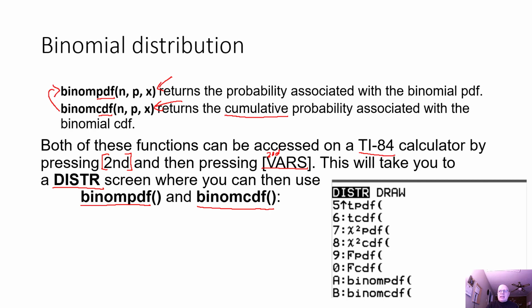Now the trick to getting there too is once you get to this distribution function, if you hit the up arrow key, you can get to the bottom of this list. You can see right here, this list only shows from 5 upward. What you want is down at the bottom, and there are a whole lot more than this, but you want to get to this point. The easiest way to get there is hit the up arrow first, and then you'll see binomial, PDF, CDF, and a bunch of others.